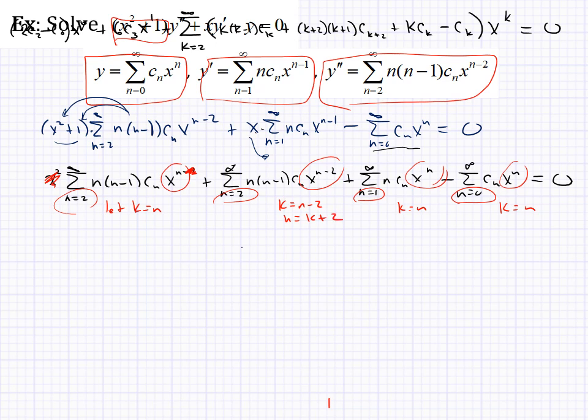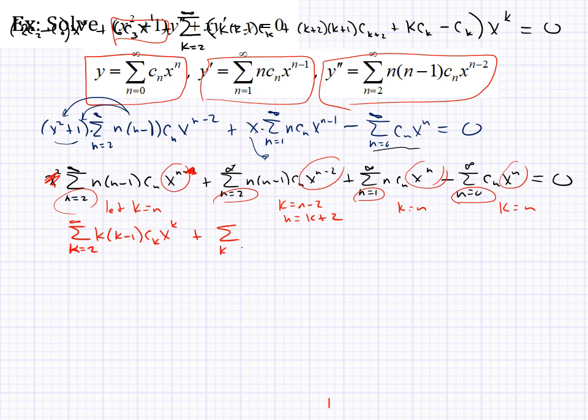So this series turns into the sum of k equals 2 to infinity of k minus 1, c sub k, x to the k, plus this one turns into the sum of k equals, what would that be?